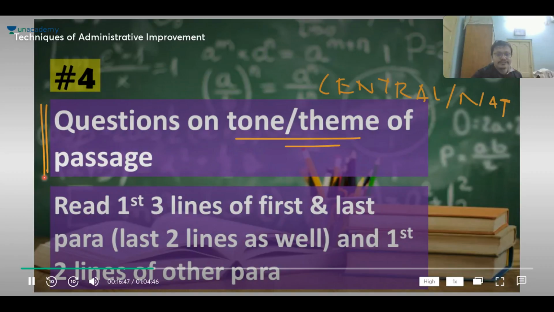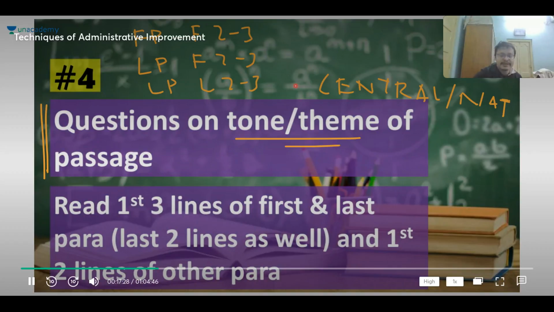The next type of questions are those on tone, theme, central idea, nature of the passage. Again, in such questions, you do not need to read the entire passage. All you need is this: the first 2-3 lines of the first para, the last para's first 2-3 lines, and the last para's last 2-3 lines.